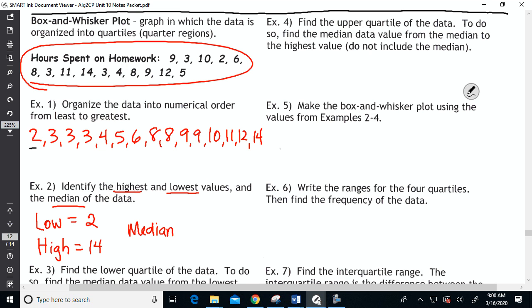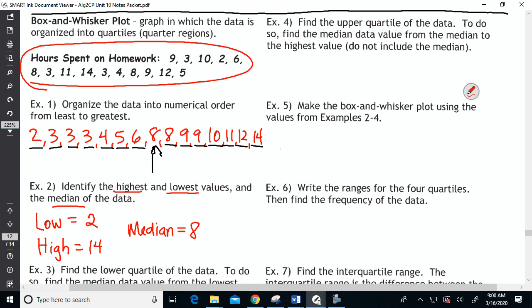So go, cross off. I'm underlining in this case because I know I'm going to have to use this data later. And there's your median. So your median in this case is 8.